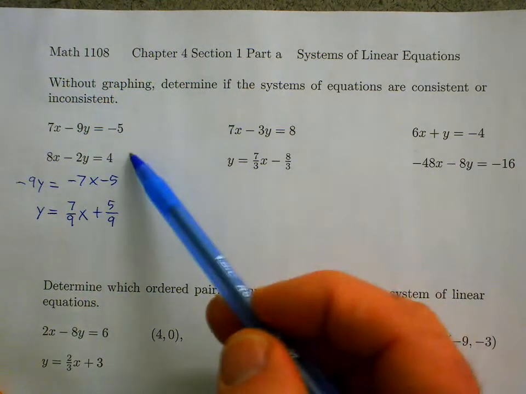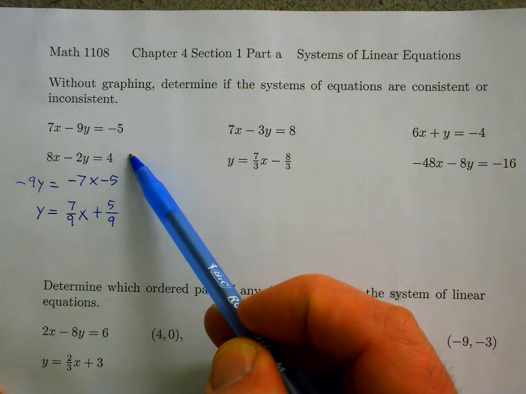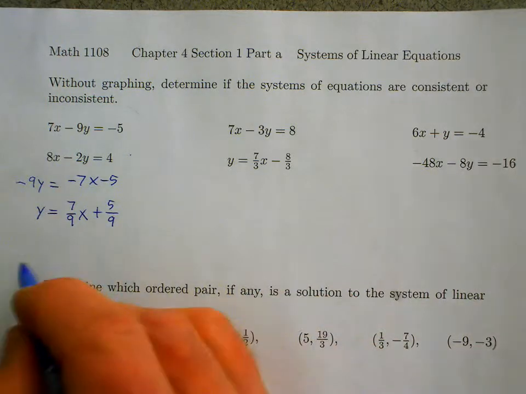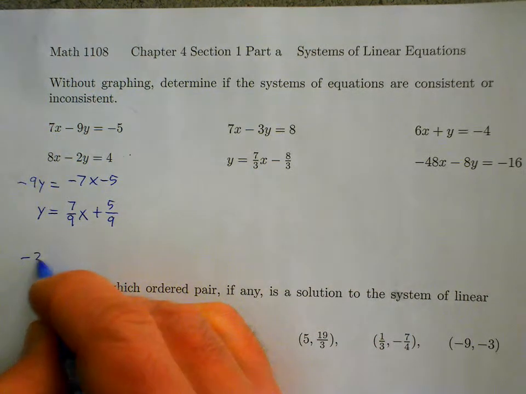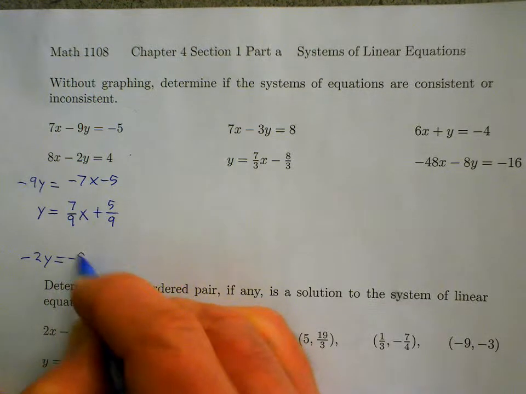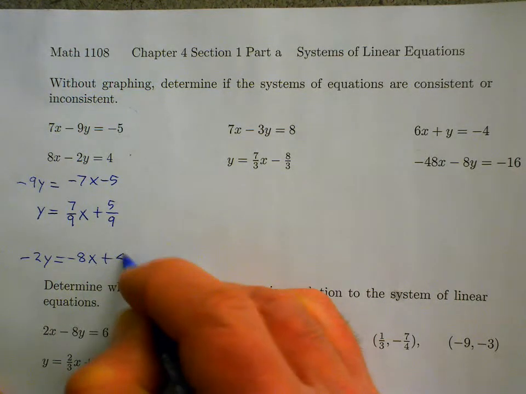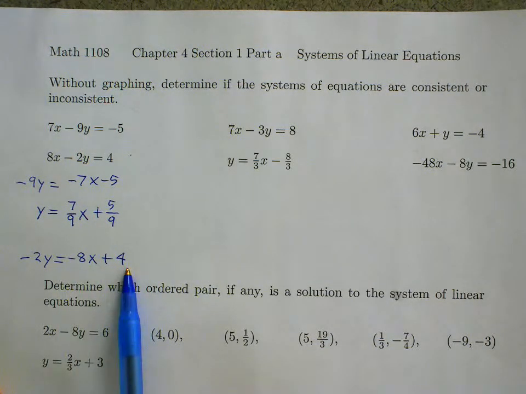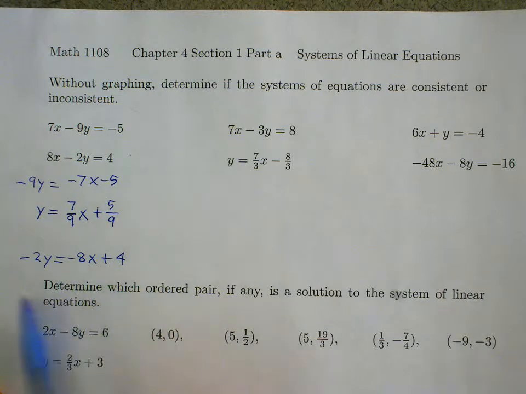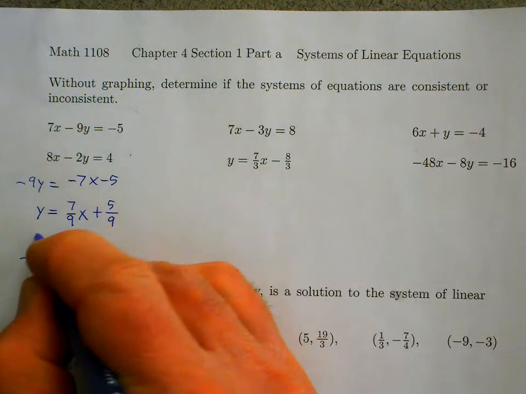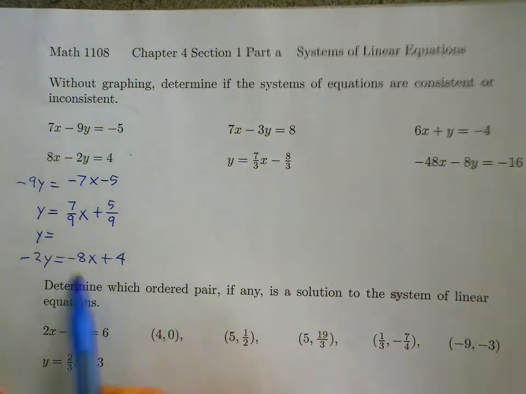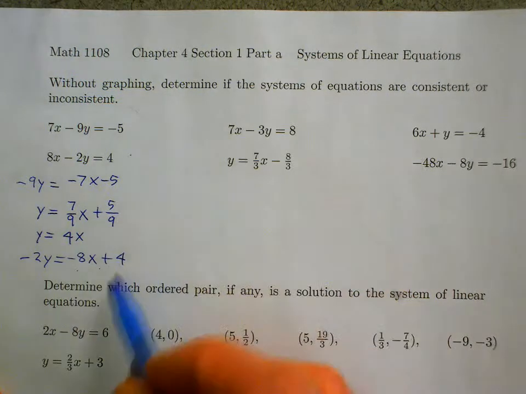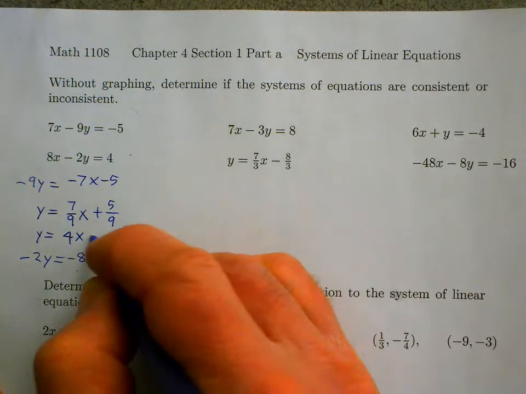Then the bottom equation, let's solve it for y. First, subtract 8x from both sides, so we get -2y equals -8x plus 4. And then divide every term on both sides by -2. -2y divided by -2 is y, -8x divided by -2 is 4x, and 4 divided by -2 is -2.